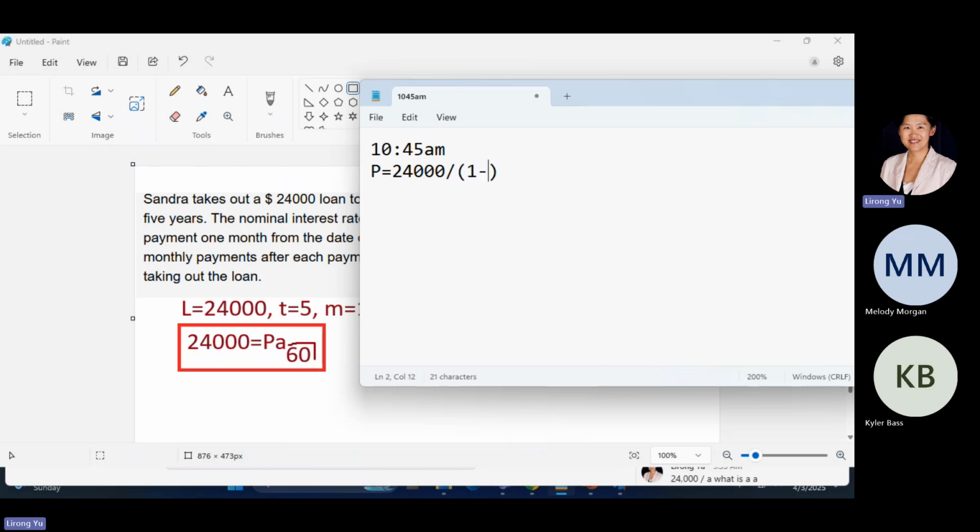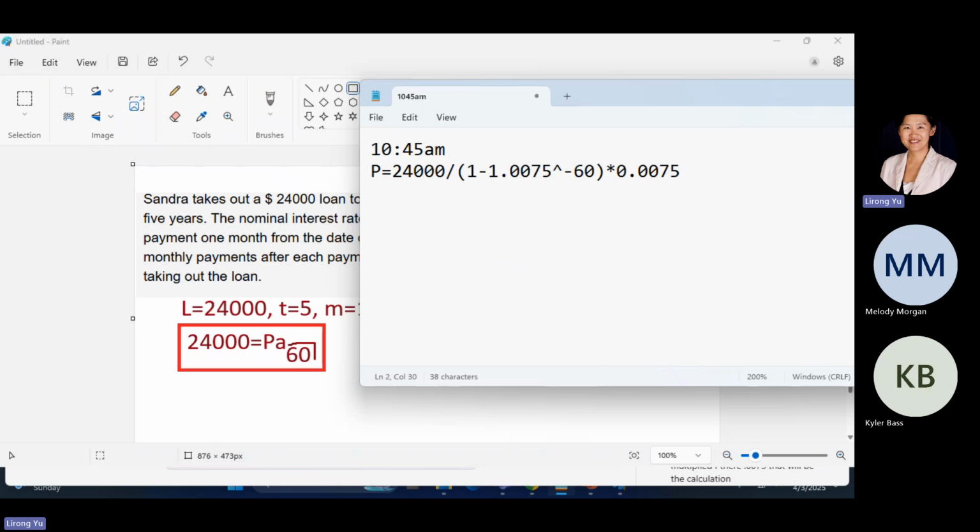A is 1 minus 1 plus i to the power negative n, which is 1.0075 to the negative power, with the number of payments being 60. That is the numerator in A, and this has to be divided by the i. But since the A is in the denominator, the i should be multiplied. i is 0.0075. That will be the calculation for P.